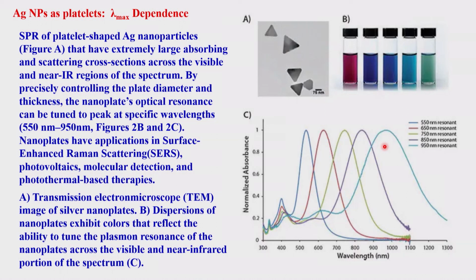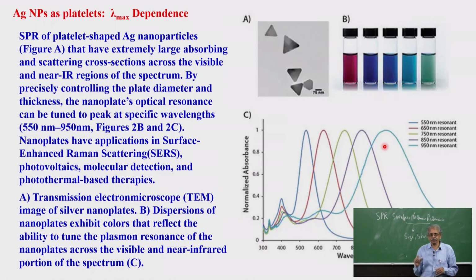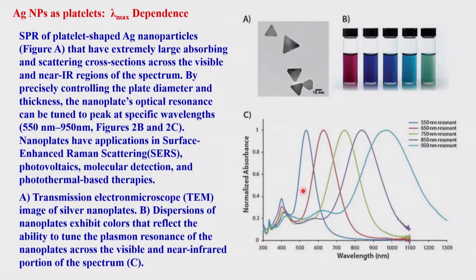This means you can tune the surface plasmon resonance absorbance as you keep tuning the size or thickness of these platelets, and from chemical methods you can always work that out. So you're going from the visible region to almost the near IR. You can look into a variety of application domains for this. Okay, so there are things of that kind.